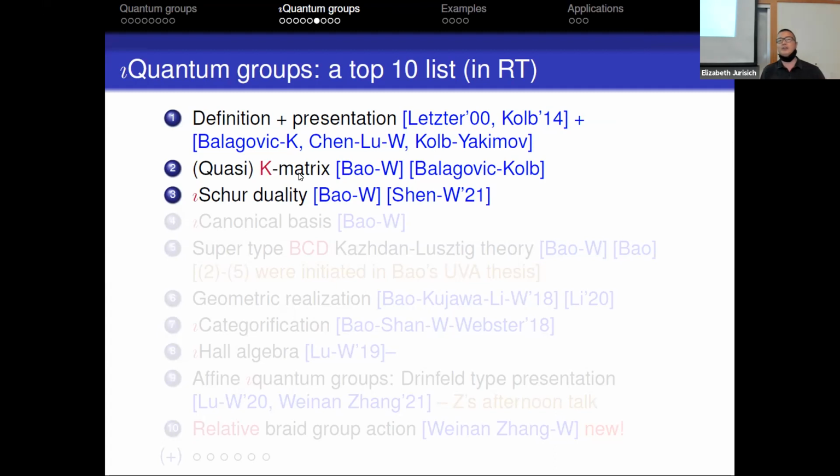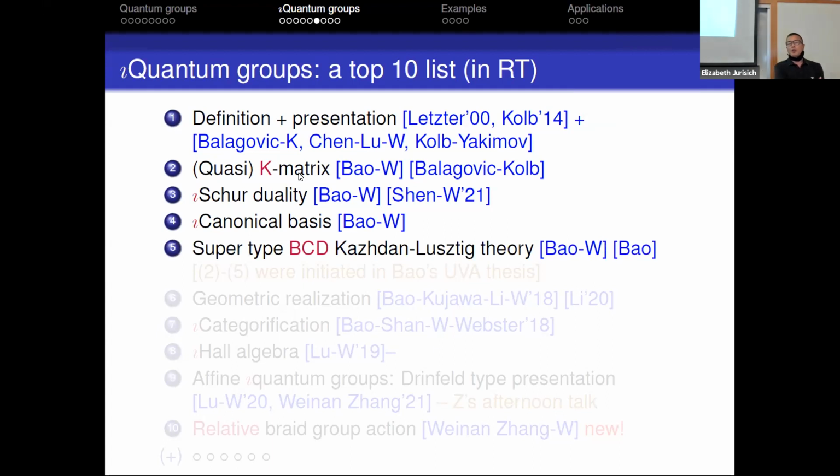And this one has a further generalization in Yaolong Shen's work this year. I might come back to comment briefly on that. And then the i-canonical basis, there's a further generalization of the canonical basis in this iQuantum group setting.